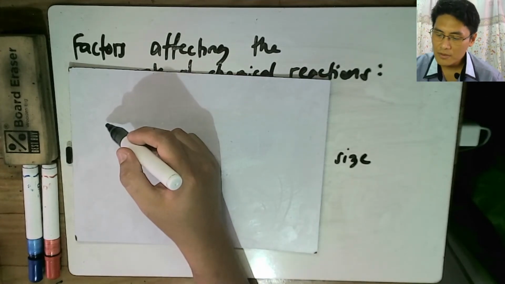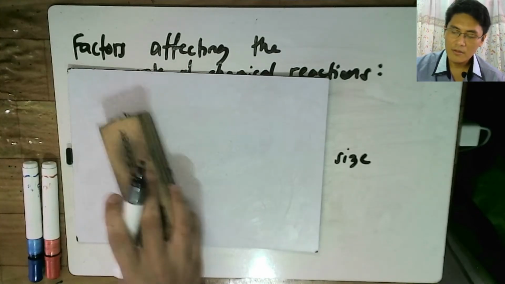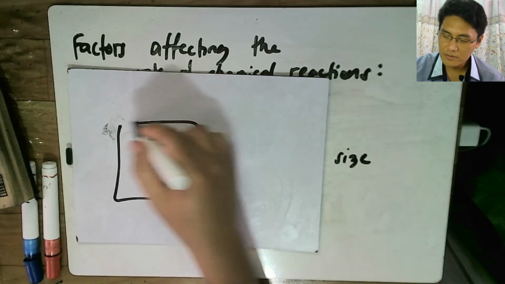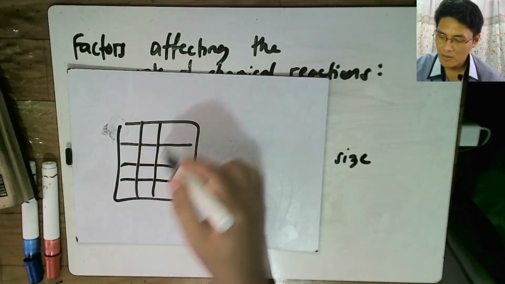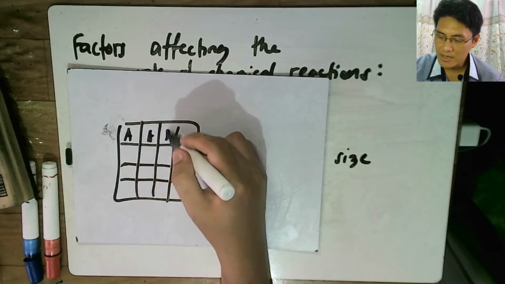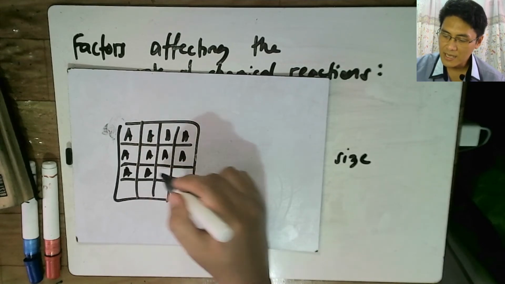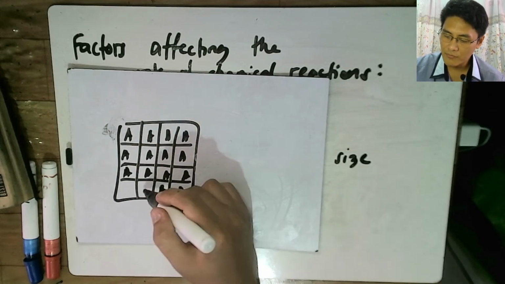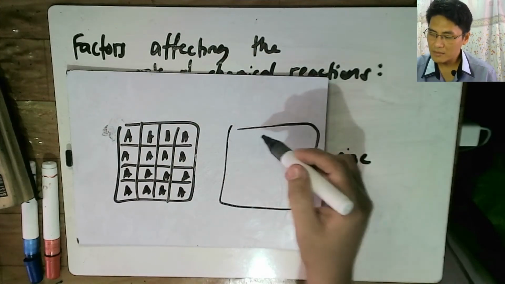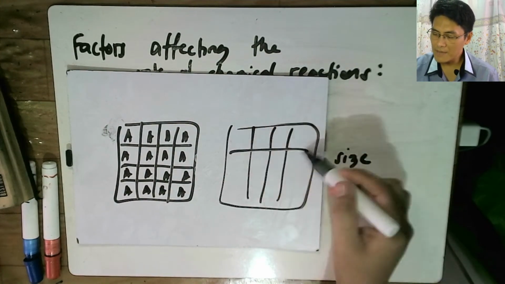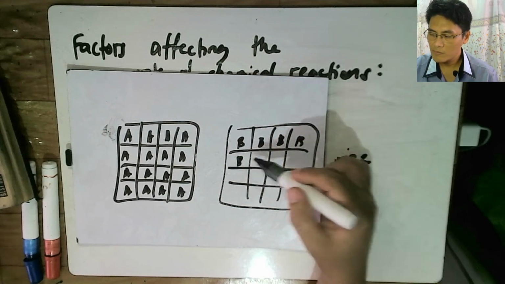If chemical A is in chunks, right? In chunks, like this. So this is chemical A, chemical A, chemical A, chemical A, and it's in a cubic form. It's in a granule, and then this is also chemical B, and chemical B is also in a granule, right?